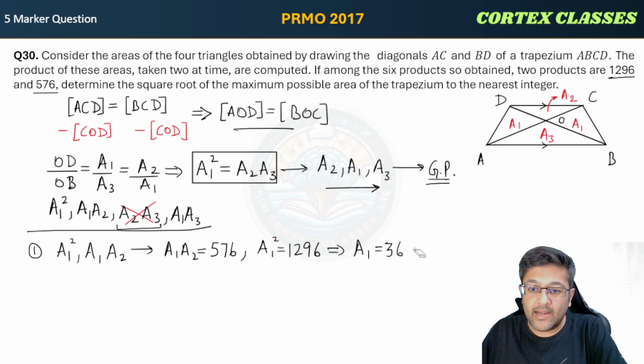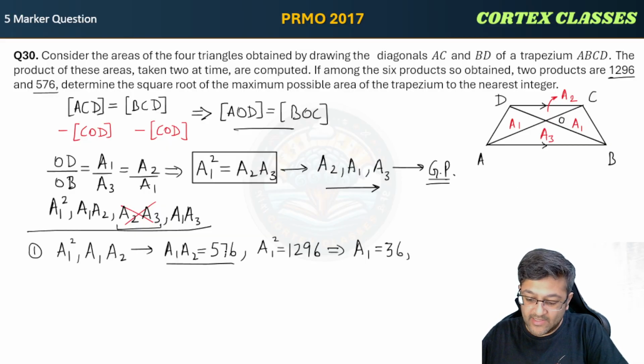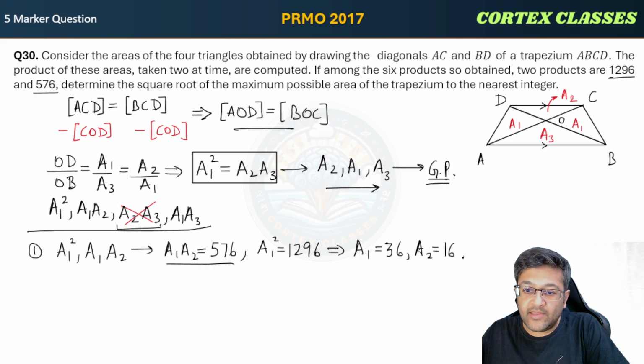And this will correspondingly give you A2. So 576 divided by 36 will give you 16. So you'll get A2 equal to 16. And correspondingly, how do you find A3?